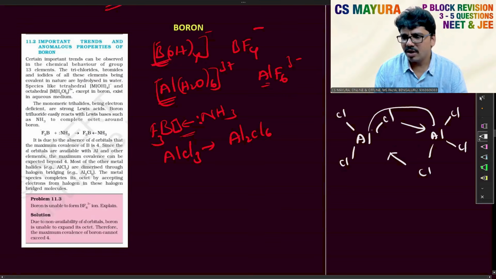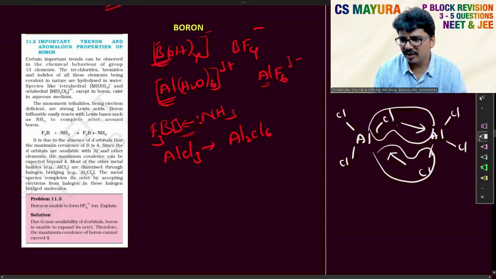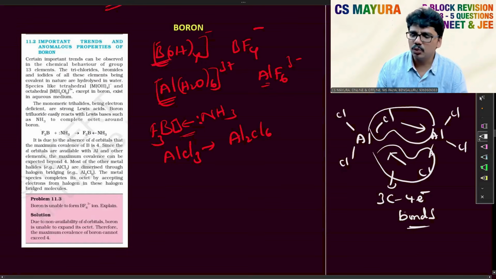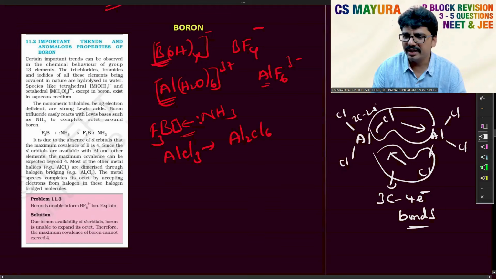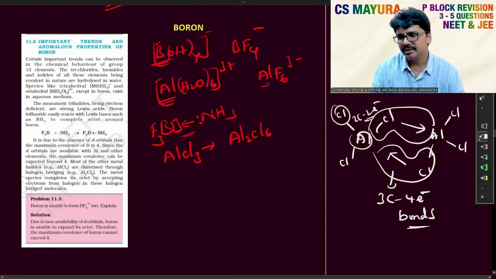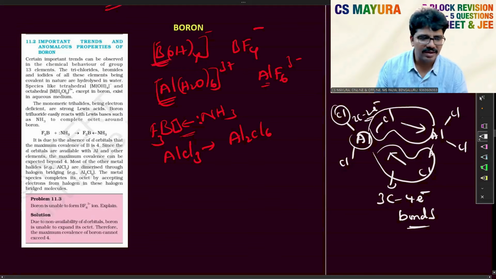These are bridged bonds. 2 bonds means 4 electrons and a total of 3 centers. These bridged bonds are 3 center 4 electron bonds. This bond is a 2 center 2 electron bond, between aluminum and chlorine, 2 electrons. This is a 3 center 4 electron bond.